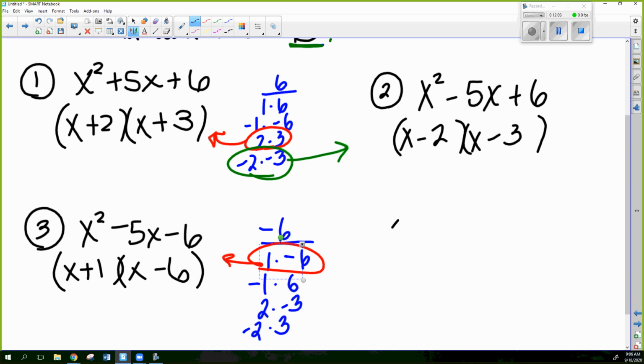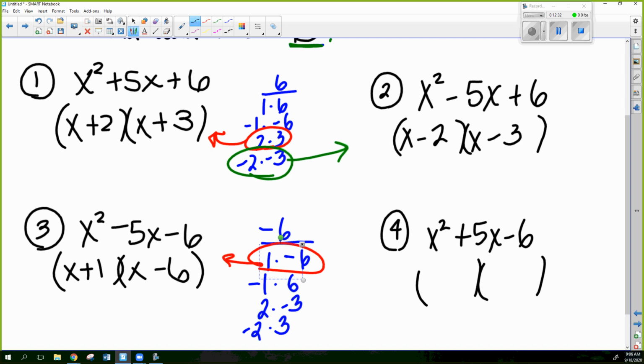All right, so what do you think I have for your fourth example? Any ideas? How about a plus and then a minus? So again, I need 2 numbers that multiply to be negative 6.